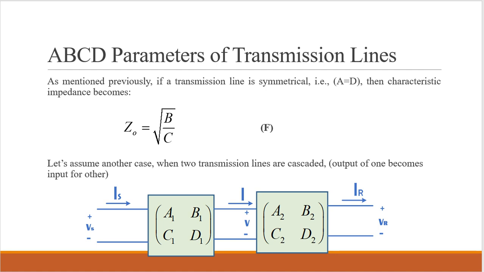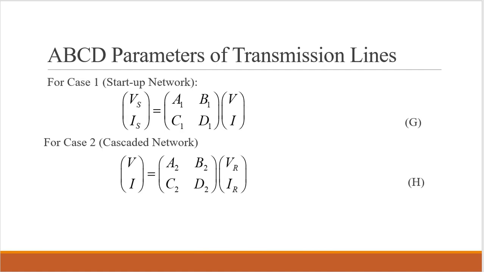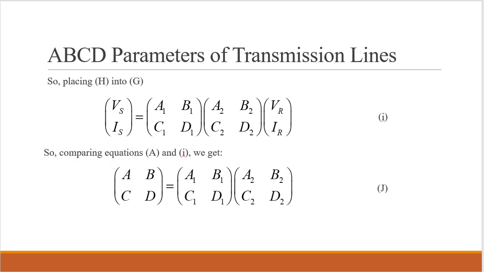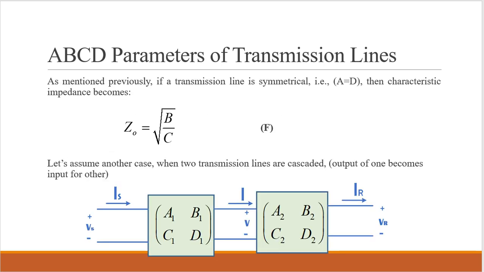Therefore in this case I will take the values of I and V as the input values, just like in the previous case I have taken the Vs and Is as the input values. Then the transmission line parameters, in the second case, I have the values of A2 and B2, and C2 and D2, right?